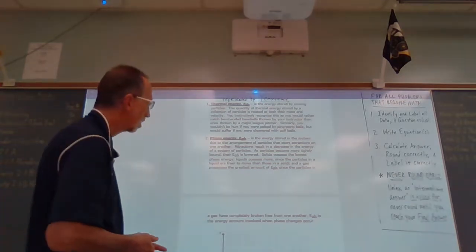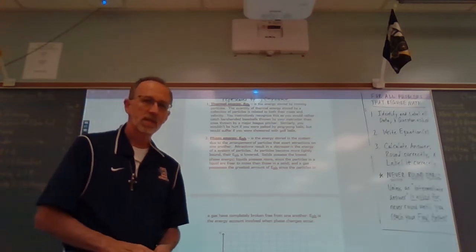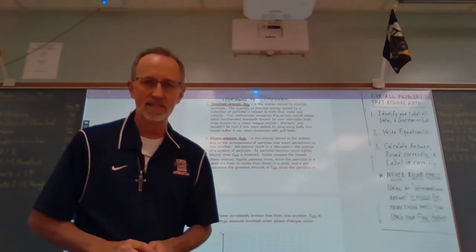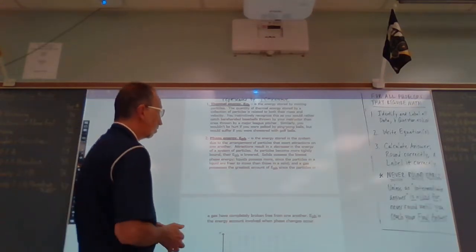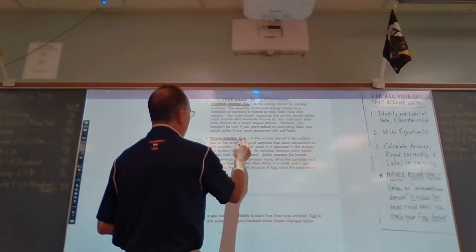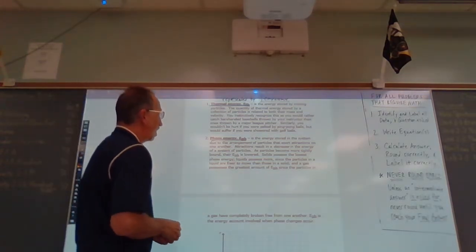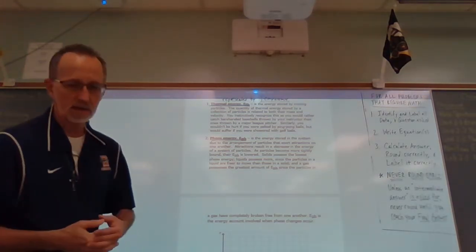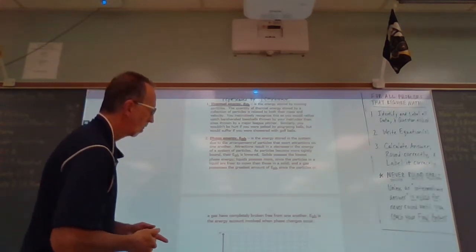Okay. Second is phase energy, or EPH. Some texts call it EI, as in interaction energy. We're going to call it EPH, all right? Phase energy is the energy stored in the system due to the arrangement of particles, all right? The arrangement of particles that exert attractions on one another.